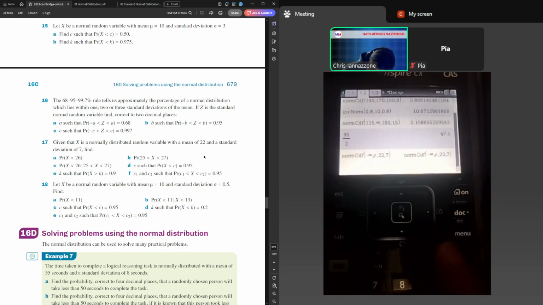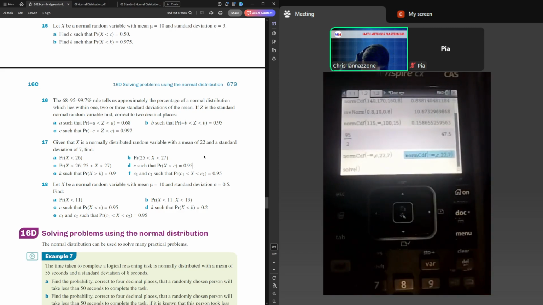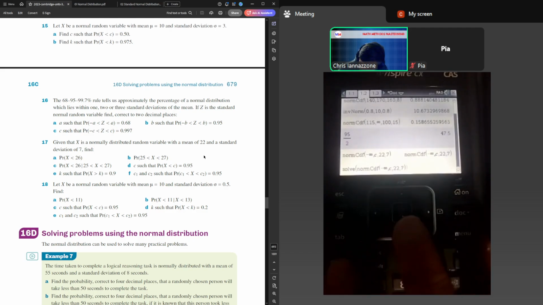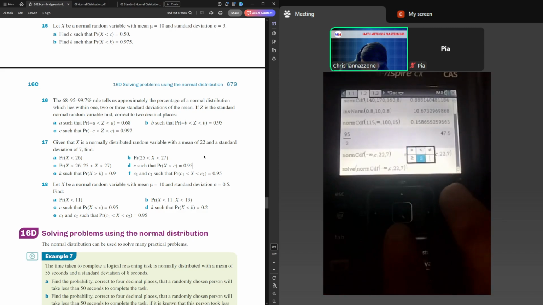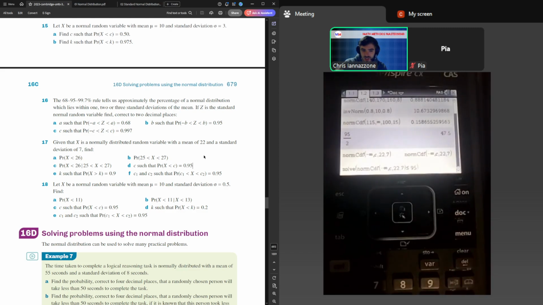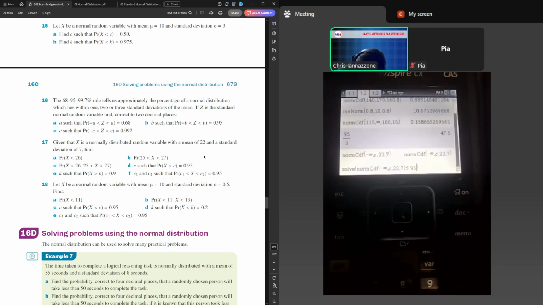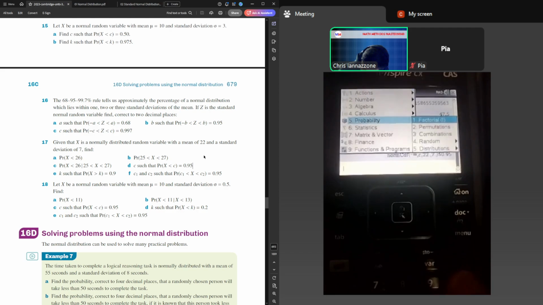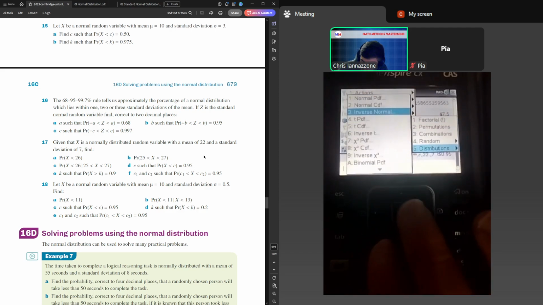Now, one thing that might work is putting this into a solve and then solving for C. You'd have to make this equal to 0.95. I'm going to say less than or equal to 0.95, just because with normal distribution there's a whole bunch of decimals in there. If you say an equal sign, it's probably going to break it. Yeah, okay, that's still broken. Makes sense though. We're trying to use a function that's not particularly suited for it.